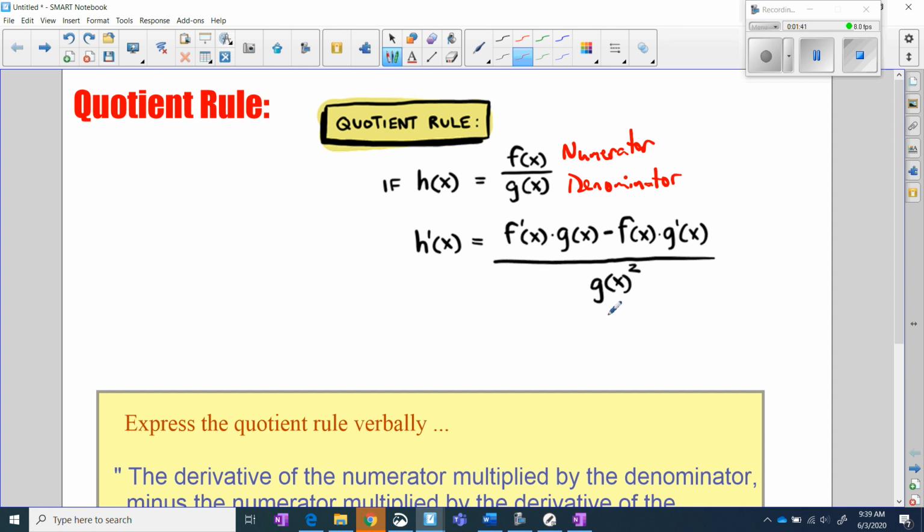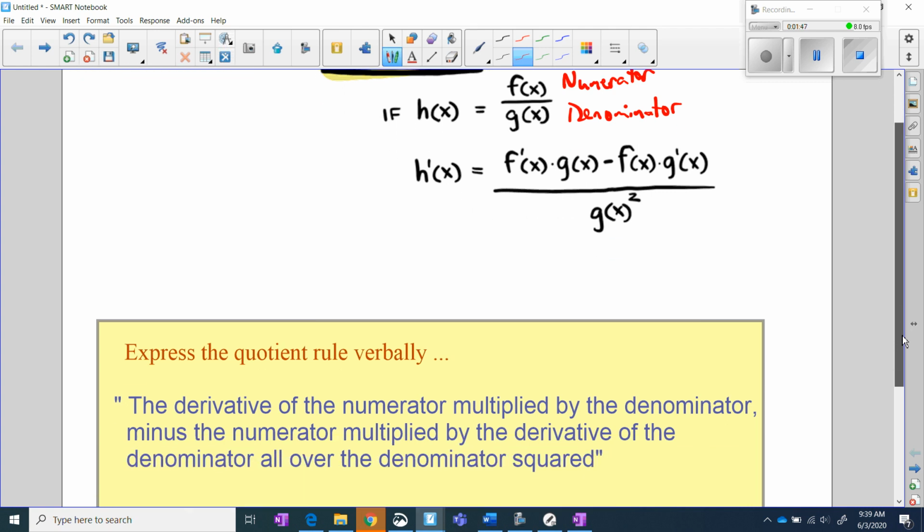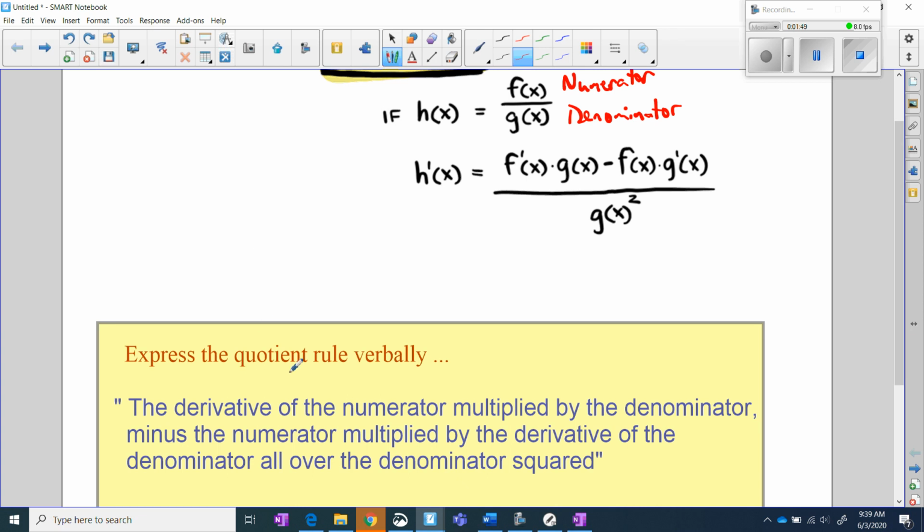As I said with the product rule, I recommend you say these as you're doing them. So here it is put in words: derivative of the numerator multiplied by the denominator, minus the numerator multiplied by the derivative of the denominator, everything divided by the denominator squared.